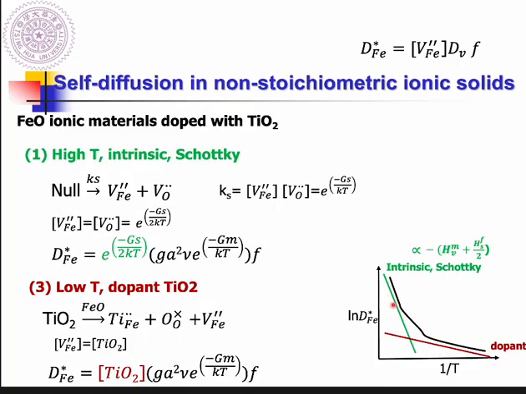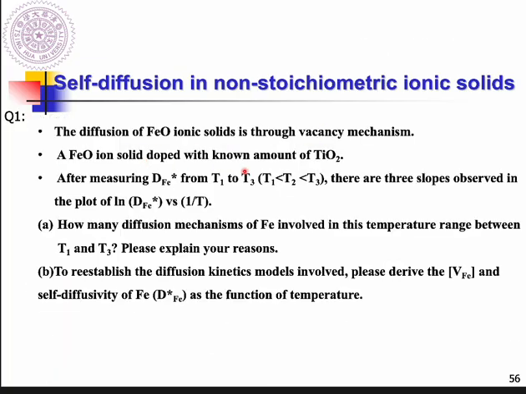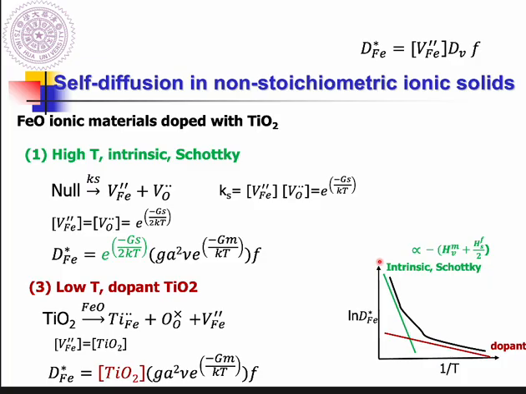But still, as we mentioned, based on the questions, we do have three slopes, right? But here we just explained the higher temperature intrinsic dominant, and the lower temperature dopant control. So we still have one more to show. Blue is the non-stoichiometry effect. So what is this non-stoichiometry effect? Before we move to here, you should know how to tell if this non-stoichiometry effect happens in your ionic solid materials.